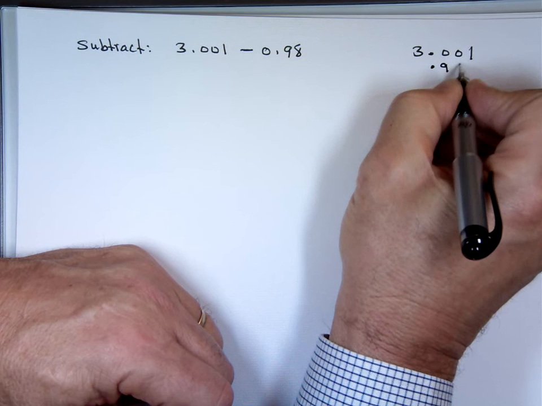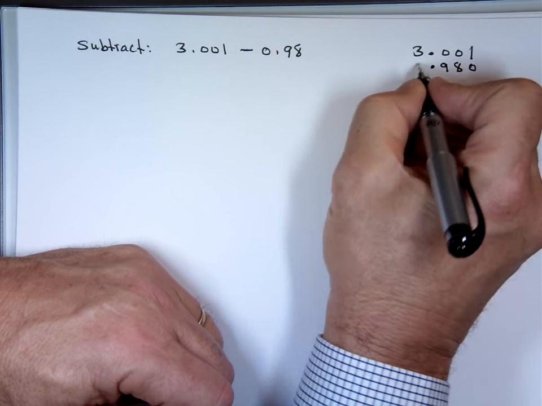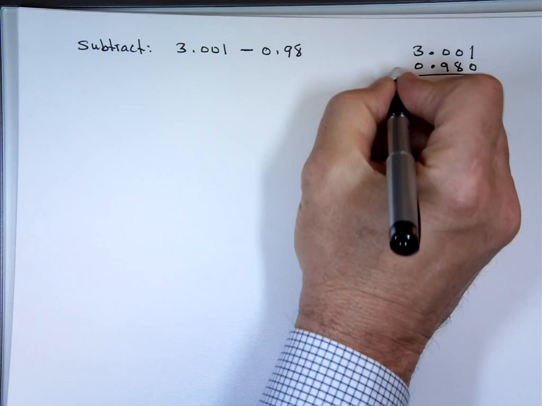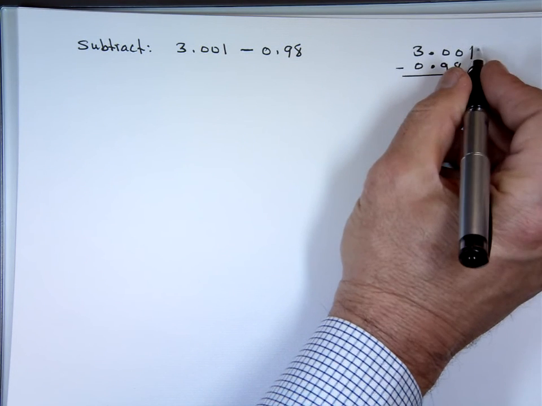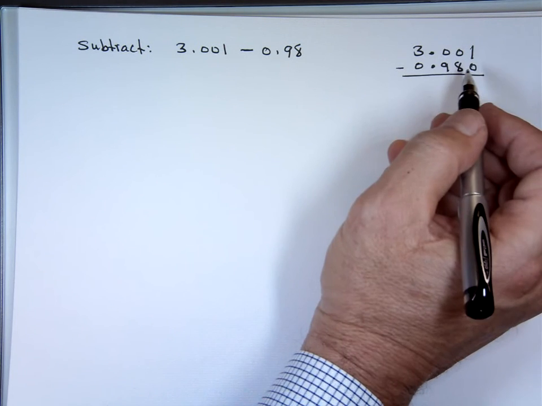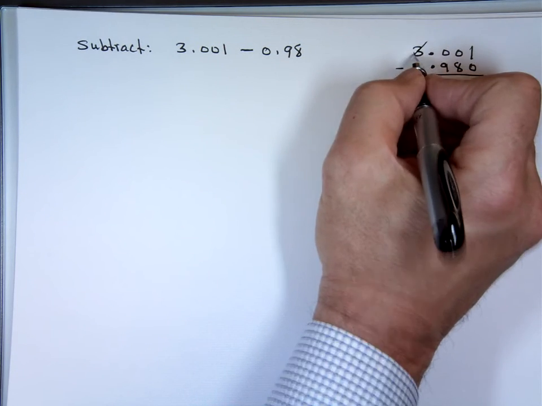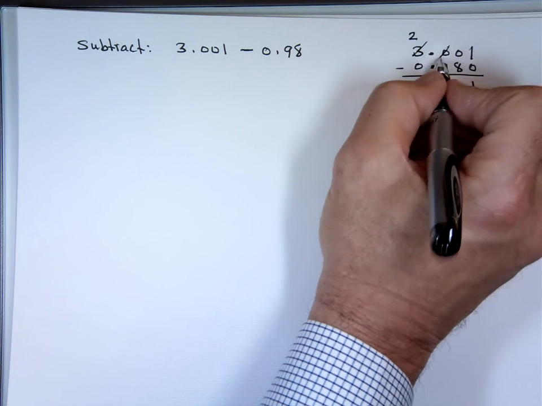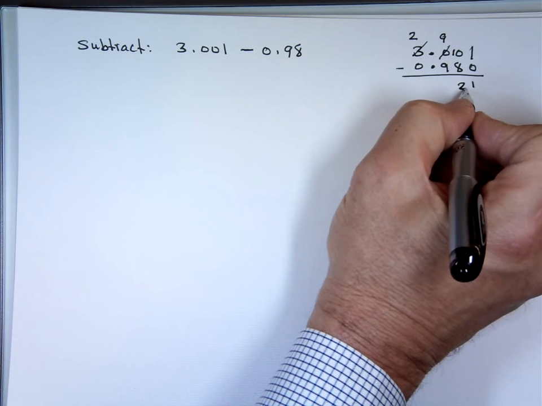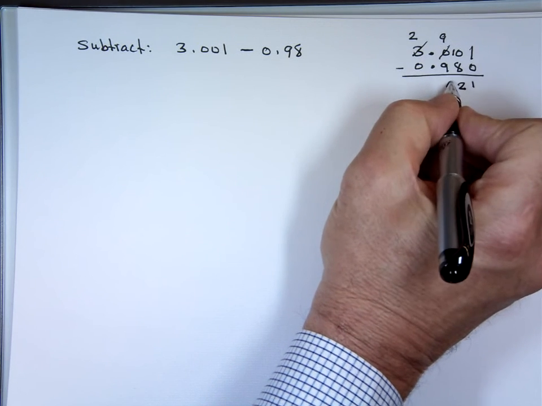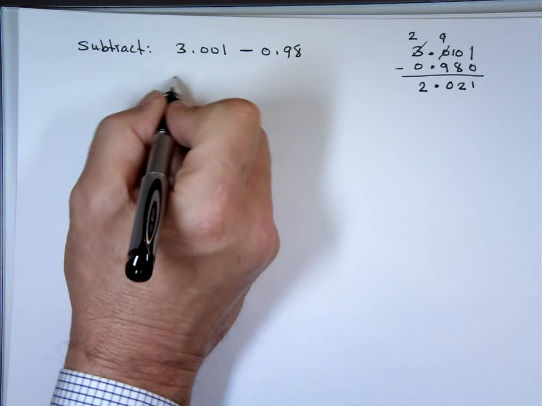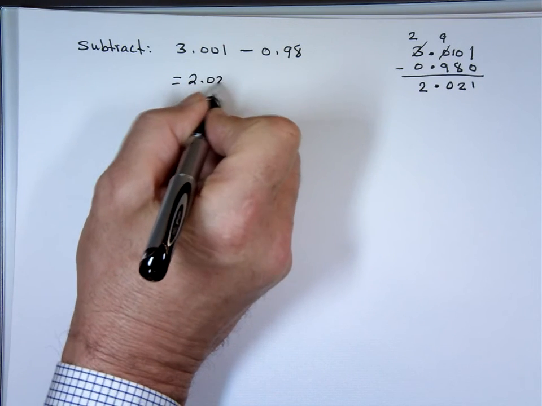And if the numbers are not the same size, you can add zeros if you want to. 0 from 1 is 1. 8 from 0, you can't. You've got to borrow 1 from this. This becomes 2, this becomes 9, and this becomes 10. 8 from 10, 2. 9 from 9, 0. The dot is here. 0 from 2, 2. Is that what you got, Jamie? Okay.